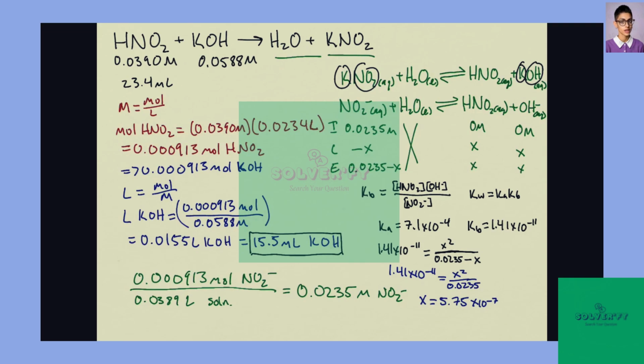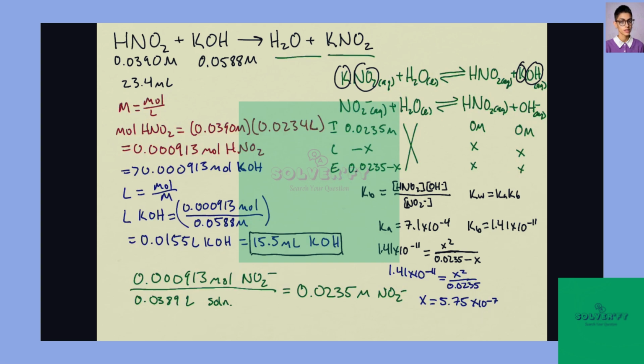Now that we have our value of X, we also have our value of the concentration of hydroxide at our equivalence point. That's because at our equilibrium, we have X molar OH minus.